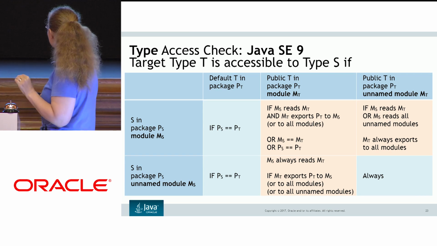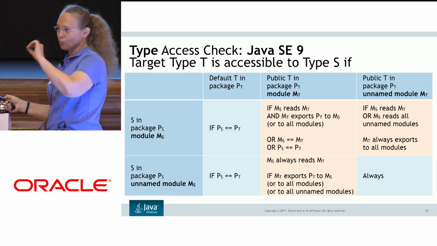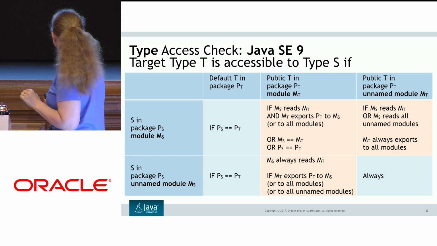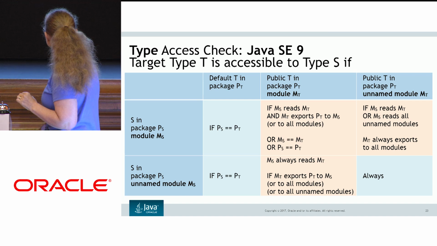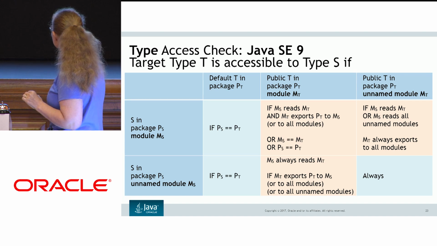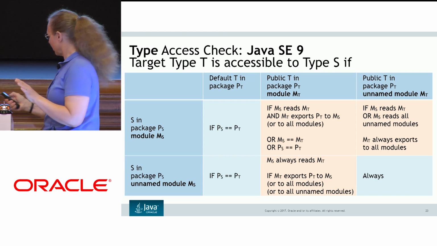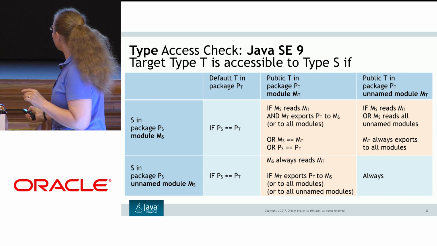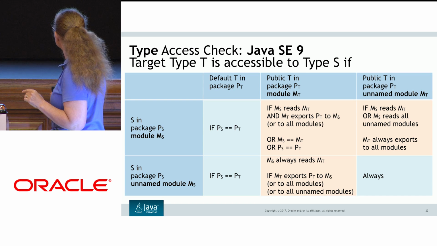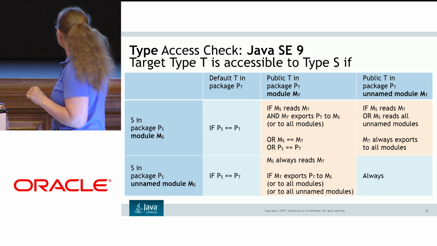Now we want interoperability, okay? So the next exercise we did was make sure that you can work between your class path and your module path. So between your named module and your unnamed module. Remember, named module, you check reads, you check exports. Same rule. If I am S in an unnamed module and I want to access T in a named module, well, reads comes for free, and you check exports.